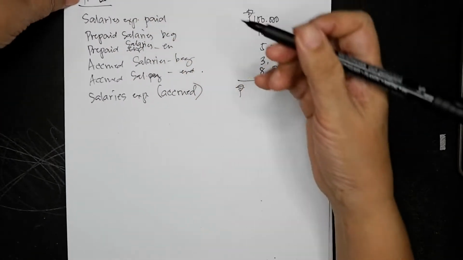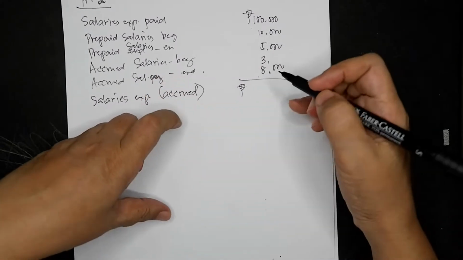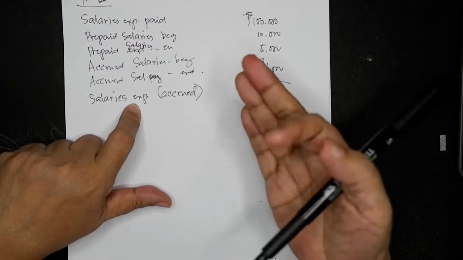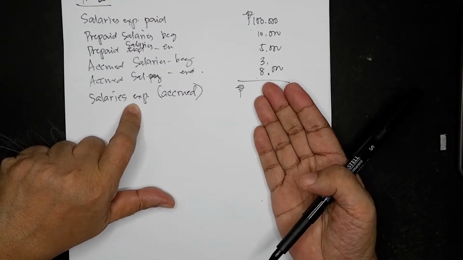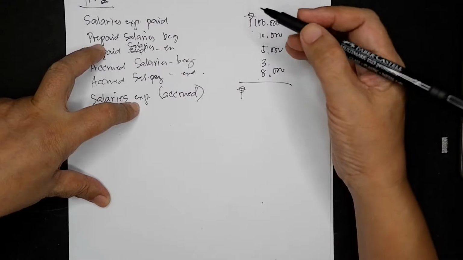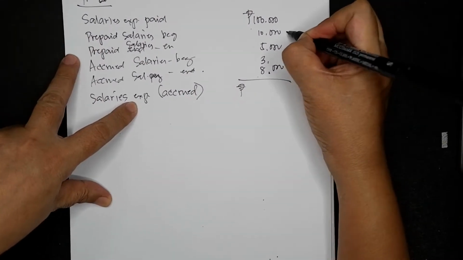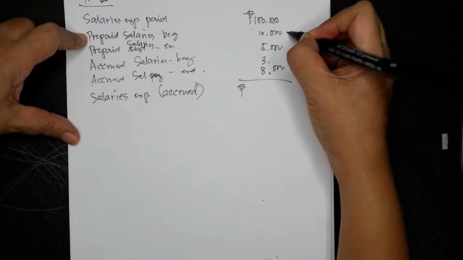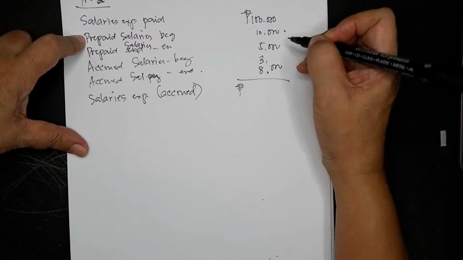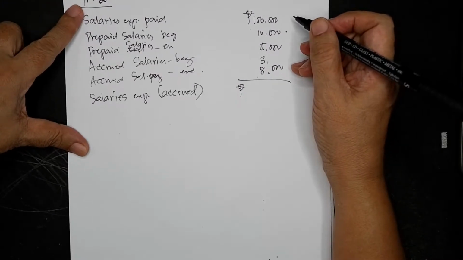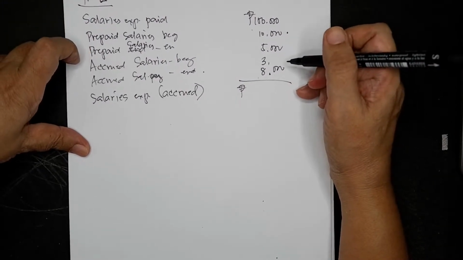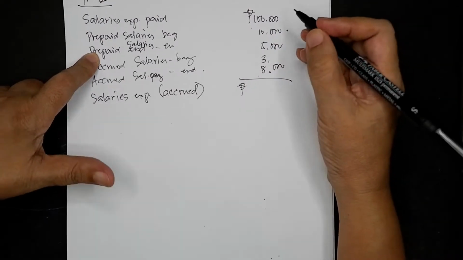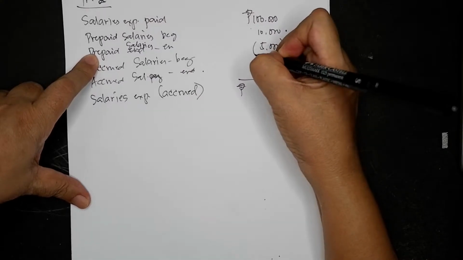So, this is year 2 already. So, nangyari ngayong year 2. So, prepaid salaries beginning. Nangyari ba ngayong taon? Yes, kasi binayaran siya last year, pero ngayon gagamitin. Prepaid salaries end. Nangyari ba yan ngayong taon? Hindi. So, tanggalin natin.